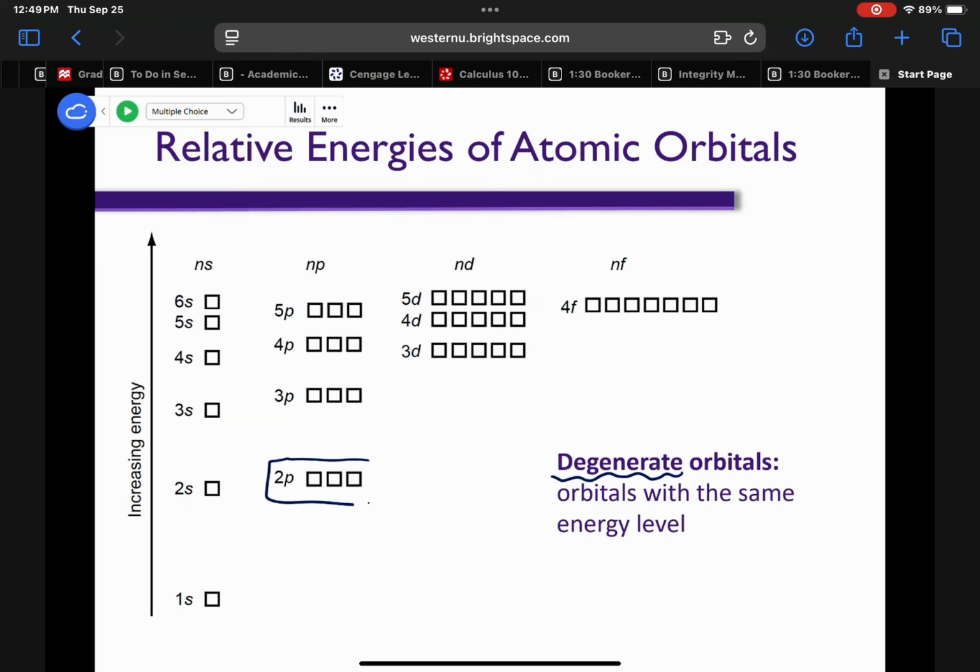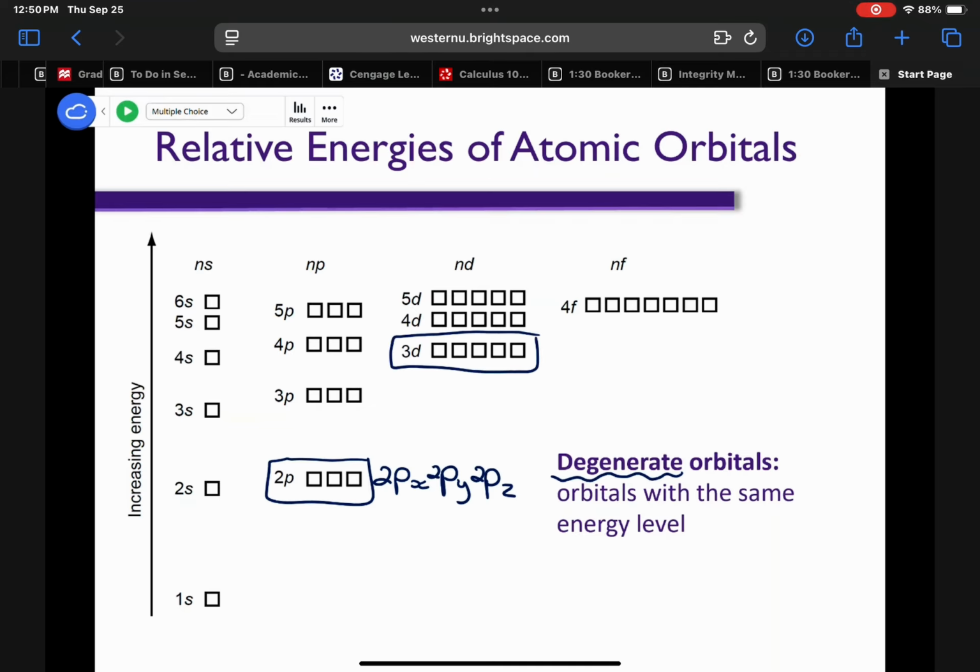For example, the px, py, and pz, the 2px, 2py, 2pz, they're just different orientations of the same orbital that has the same energy. All px, py, pz, those are degenerate. Our 3d orbitals that we learned about, those are also degenerate.